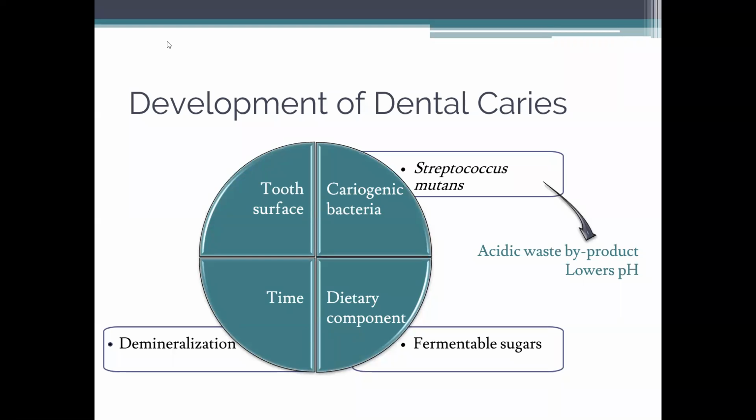That's how slow it is. But you've got to remember, it's continuous. It's a slow process. All right. So that's what we look at. When you have all 4 of these, you end up having decay. Okay. If you can remove any of these, you break the cycle.